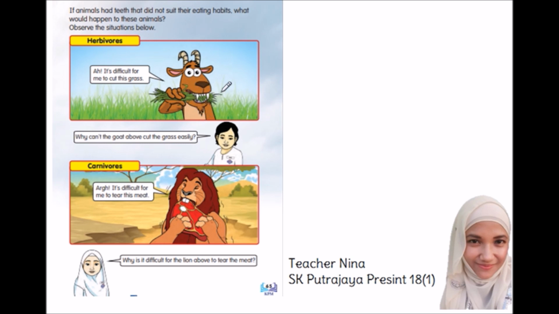Yes, the answer is because of the teeth. The goat or any other herbivores are supposed to have strong incisors here, and not canines, because they need to cut the grass and other plants with it.